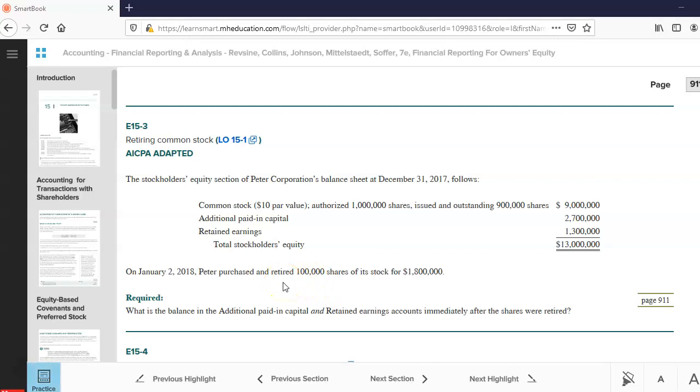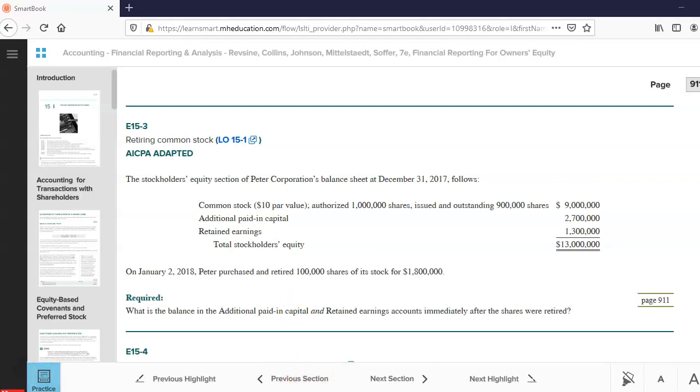It's purchase and retire. If this is worded, they're going to purchase for treasury, that'd be different. So the key is when you see a problem like this one, the word retired means something, and that's going to give us a little bit different approach than if it was for treasury. So basically, they buy the stock back from whoever owns them, and they literally retire the shares. And so that changes the journal entry and how we'll go about doing this.